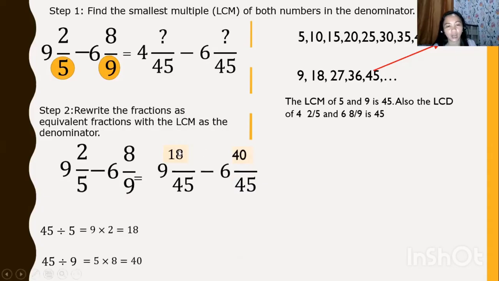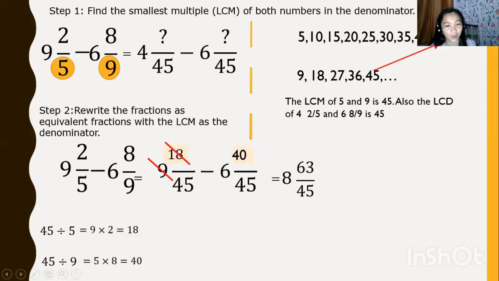Now, as you can see here, we have 18 minus 40. Can we subtract 40 from 18? No. Since 40 is greater than 18, we cannot subtract it. So 18 will borrow from 9. It will become 8. And 18 will become 63. Where did the 63 come from? We just add 45 to 18. 18 plus 45 equals 63.